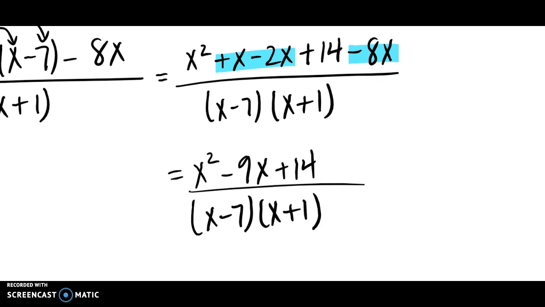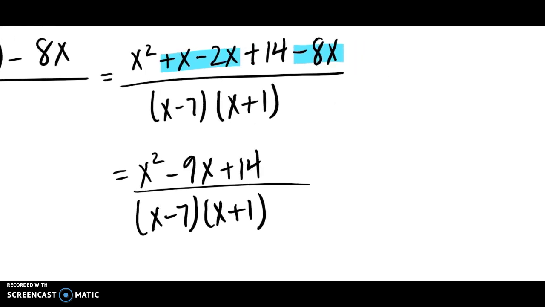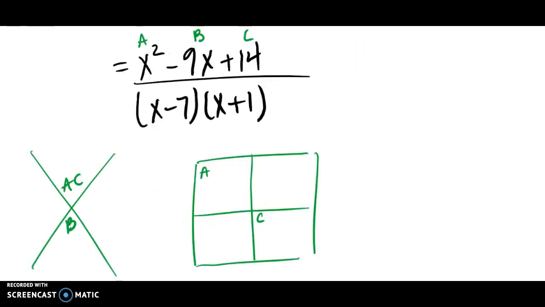Okay, for this term we're going to be able to factor, so let's do that. So a times c is 14x squared, b is negative 9x. Our two terms are going to be 7x and 2x, and both of these have to be negative. Now let's fill in our box, x squared and 14.